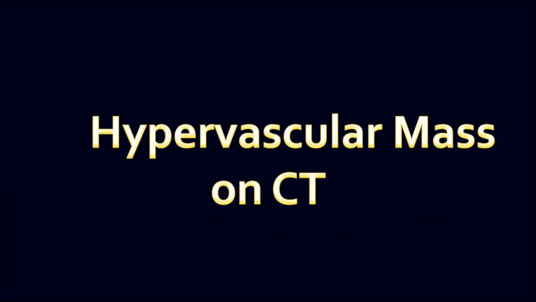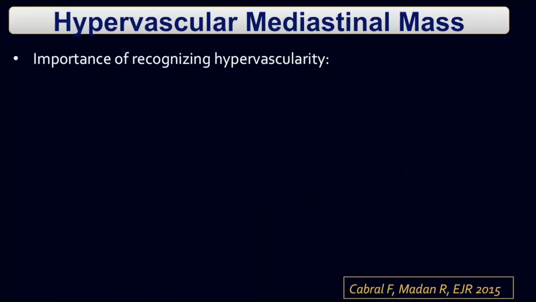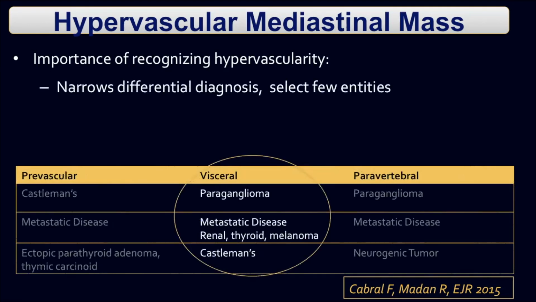Now, moving on to hypervascular masses in the middle or visceral mediastinum. And the reason it's important to recognize hypervascularity in a mediastinal mass is because, one, it'll actually help narrow the differential diagnosis for you to a select few entities. So in the visceral mediastinum, you think of paraganglioma, Castleman's disease, and maybe metastatic disease from a hypervascular primary.